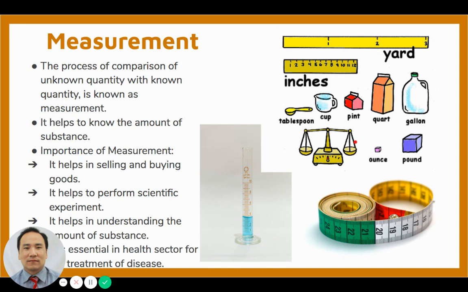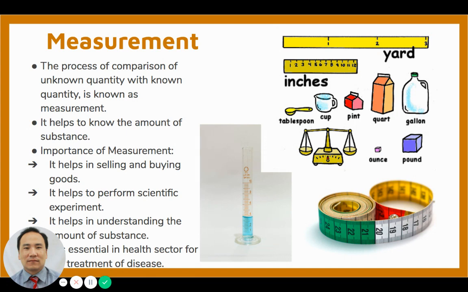If you go for weight, then you can buy 2 pounds of, let's say, milk. If you go to school, then you measure the length of a straight line, then you say it is like 10 centimeter. So every day we compare, we measure various things.